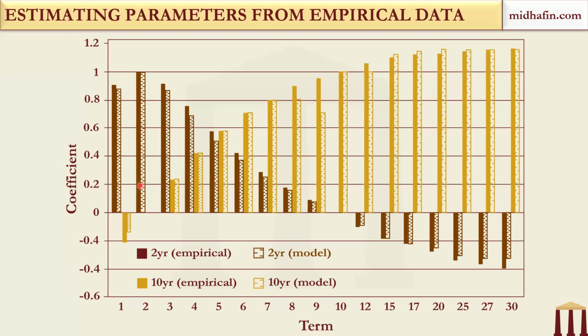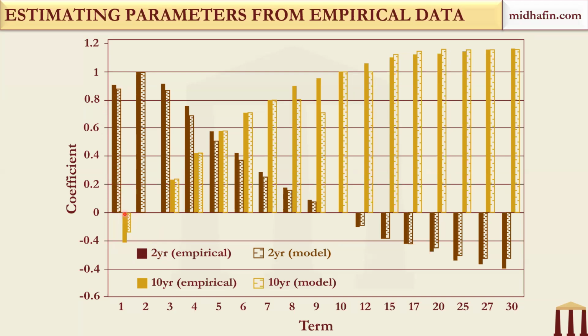Okay, now this solid brown or red bar, brown in fact we can call it, it represents the empirical coefficient from regressing the yield changes of different maturities on the 2-year yield only. Okay, this hatched red bar shows what the Gauss plus model predicts for the same regression.